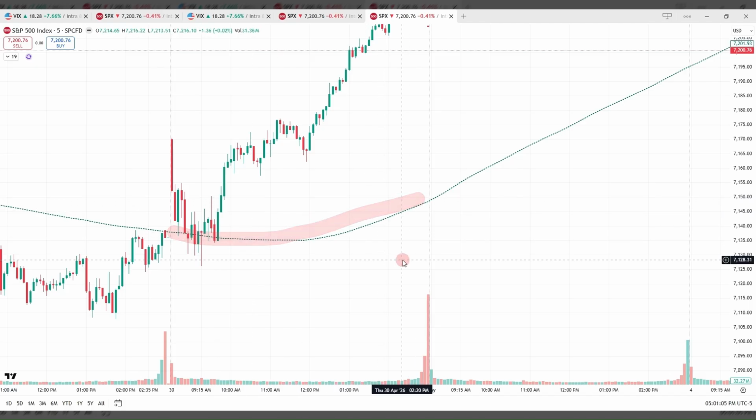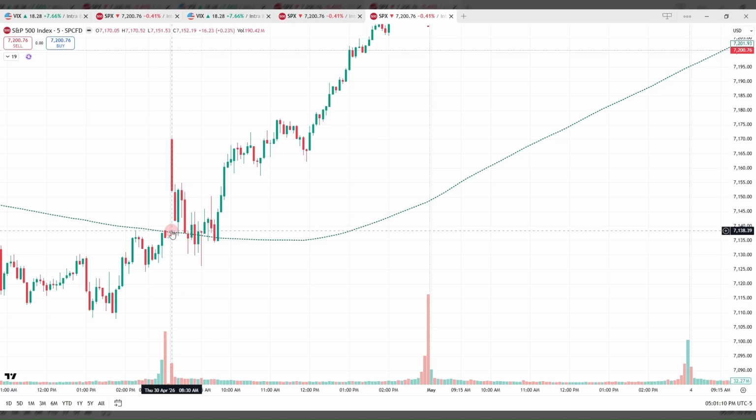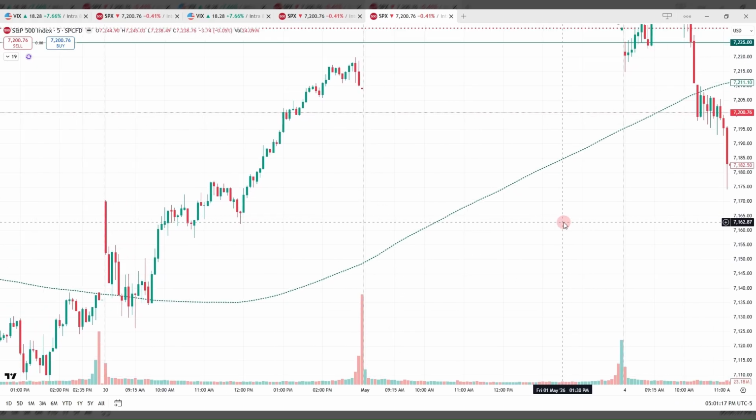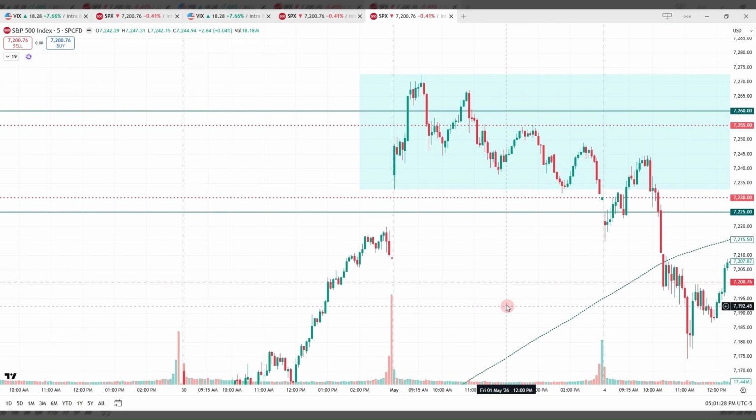It slopes up slightly on the second half of the day, but the value from open to close is really only about 10 points, which is below the threshold that I've defined as being a healthy trend, which I've designated as 0.20% of the current price of SPX, which on Friday, May 1st is in the 7200s. 14 points would be 0.20%.